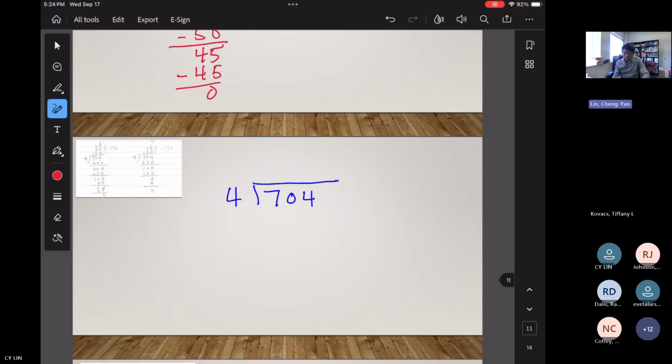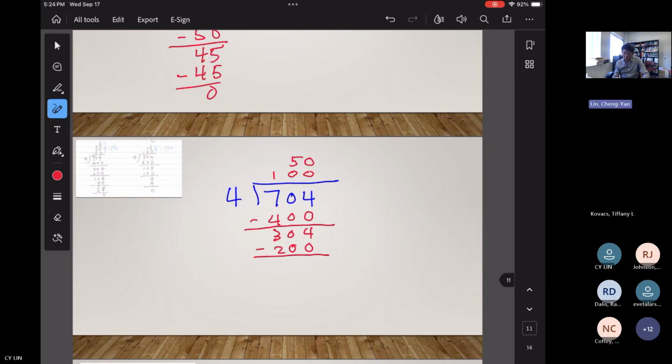All right. Let's say I want to start with 100. So that would be 400. Subtract this. 704 subtract 400, I get 304. Then next, I would take 50. 4 times 50 got 200.